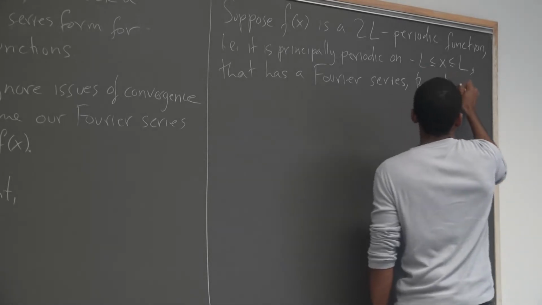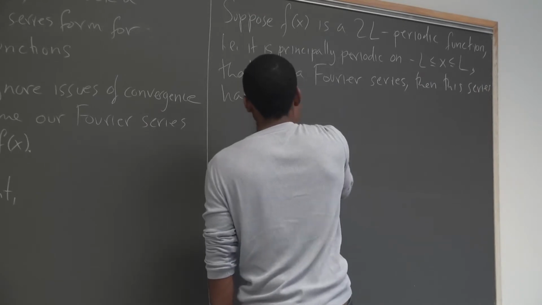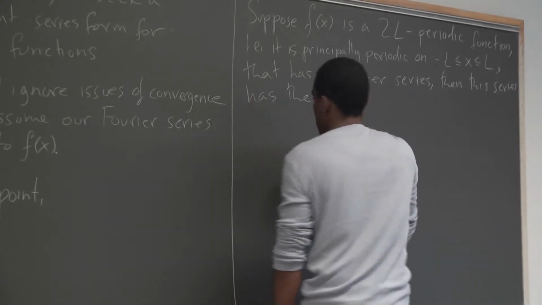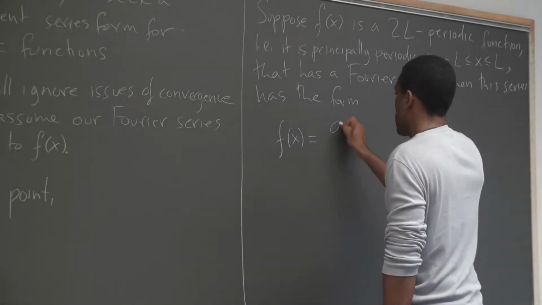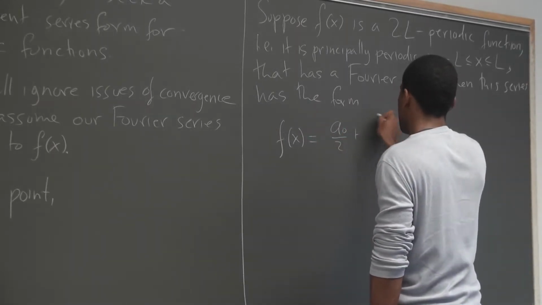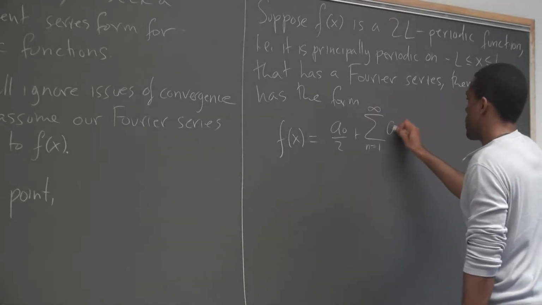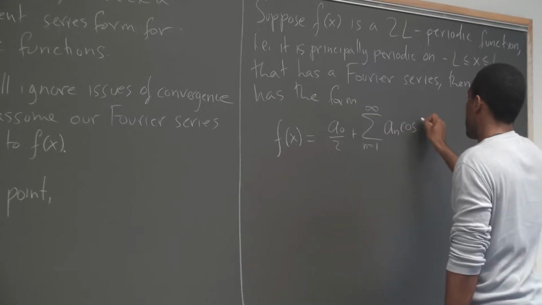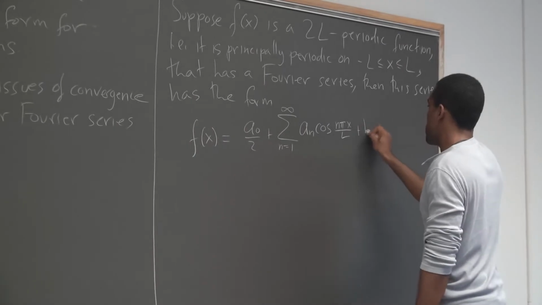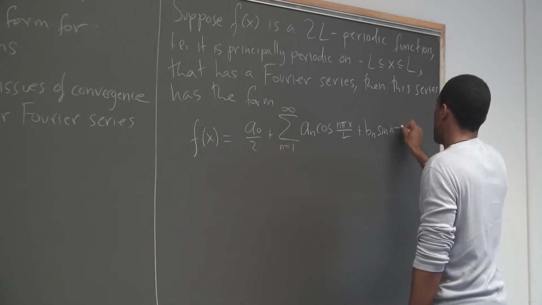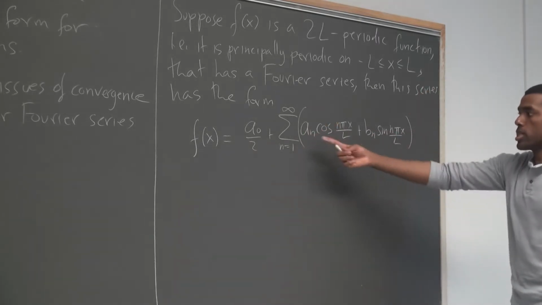Then this series has the following form. I can write f of x as a0 over 2 plus the series from n equals 1 to infinity of an cosine n pi x over L plus bn sine n pi x over L. So you want to write it as a linear combination of sines and cosines.